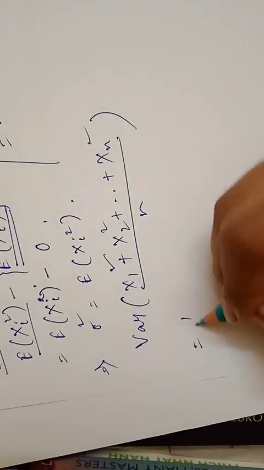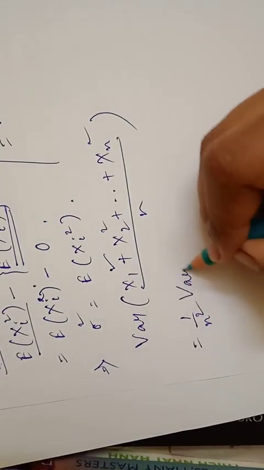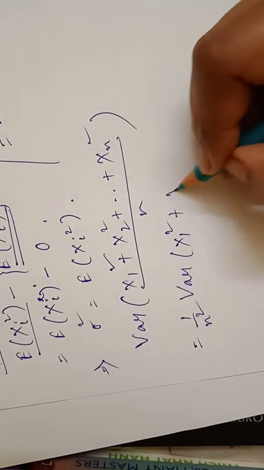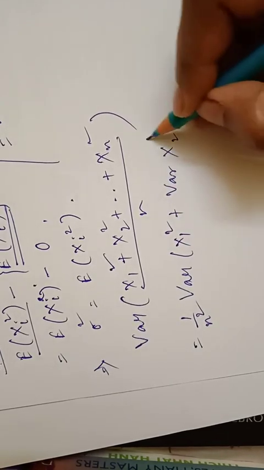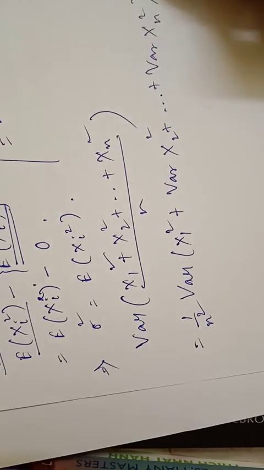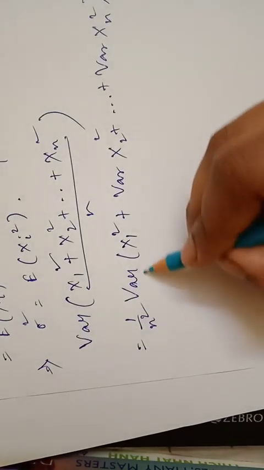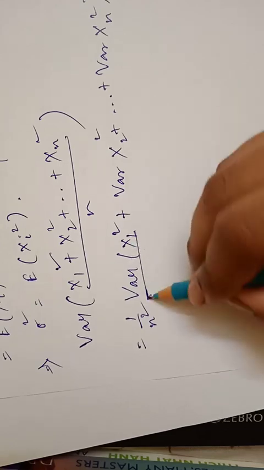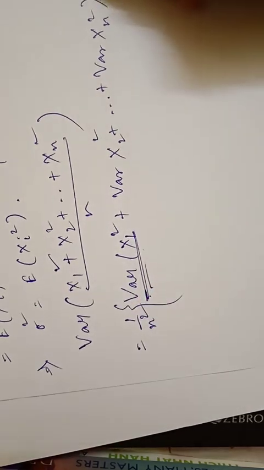We can write it as 1 by n square, variance of X1 square plus variance of X2 square plus ... plus variance of Xn square, right? So take one, try to find out 1 by 1 each.